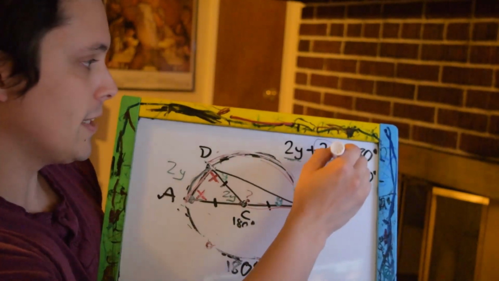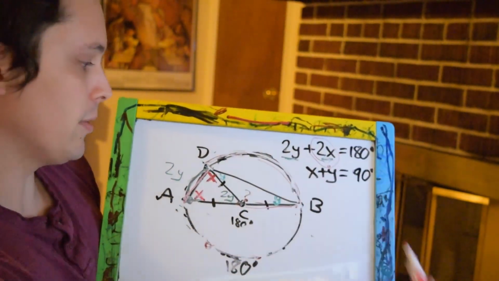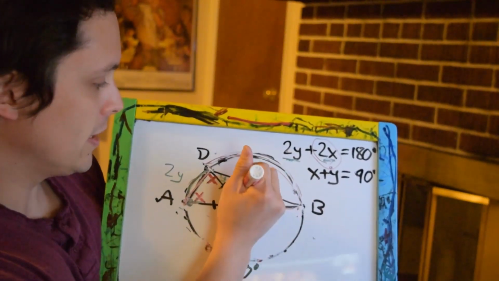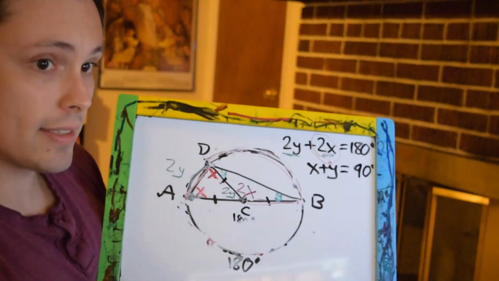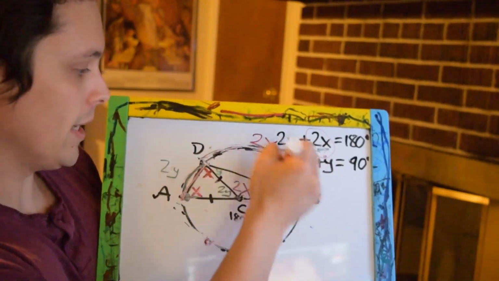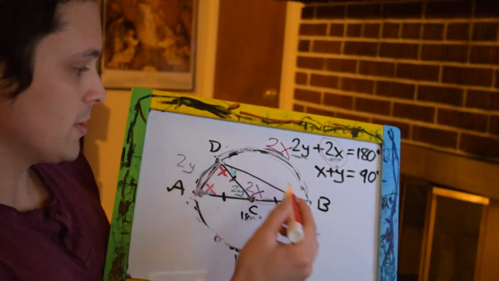That something in this diagram has to be 2x, because that is the thing that we add to 2y to get 180. So that means that this has to be 2x, which again means that this arc is measured at 2x. So in this diagram, all the stuff seems to be holding out.